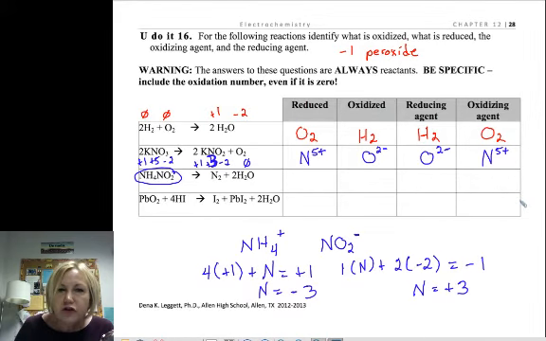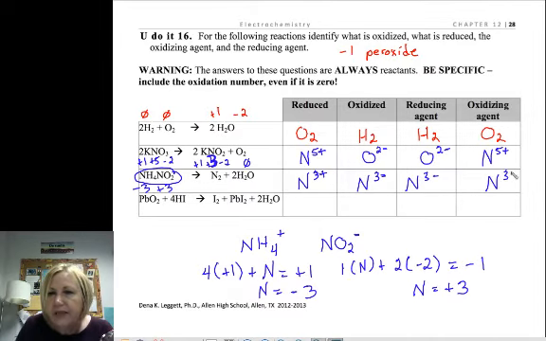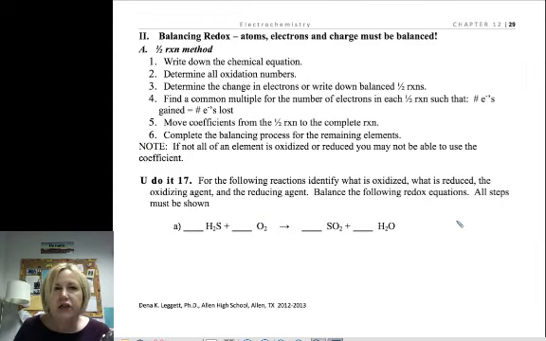Okay, so this nitrogen is -3, this nitrogen's +3. So the nitrogen that is -3 went to 0. So the nitrogen in ammonia went to 0, and the nitrogen in nitrate was reduced. Okay, so hopefully you're getting that picture.